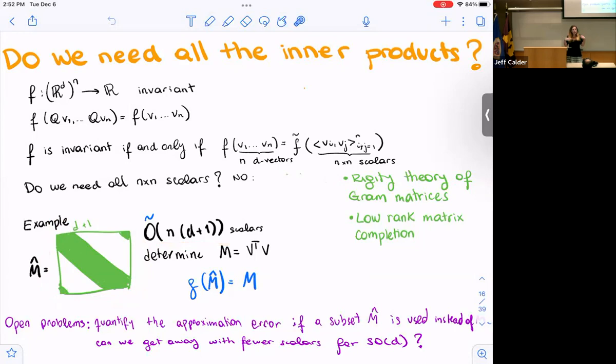But if you're doing machine learning, you don't actually need to reconstruct the whole matrix of inner products. You can have your features be a subset of this matrix, and since you know that a unique reconstruction exists, you can just learn it as a function of these fewer features if you want. So that's something that can be done.